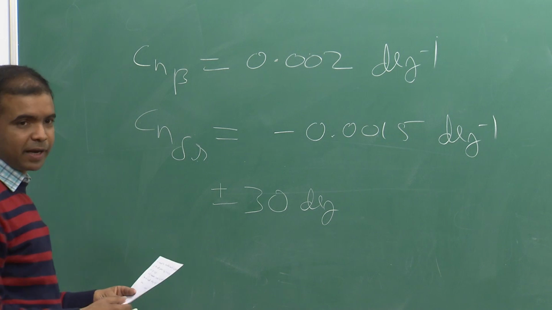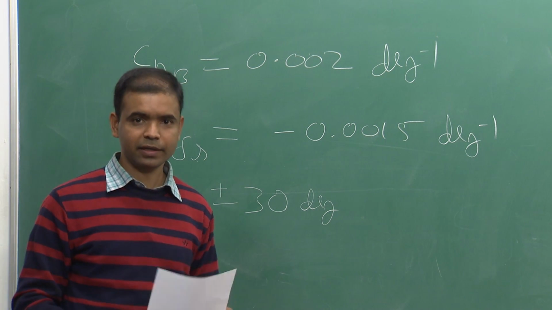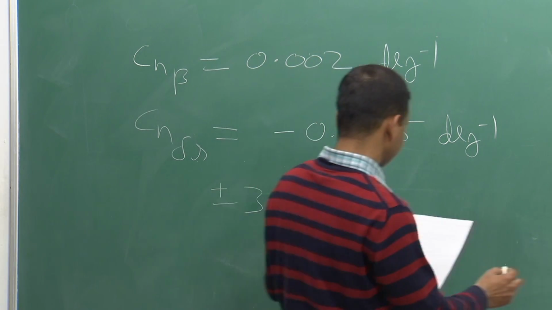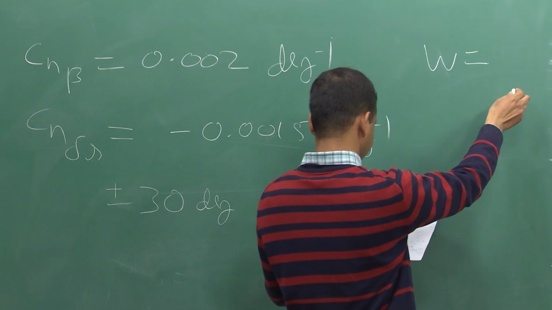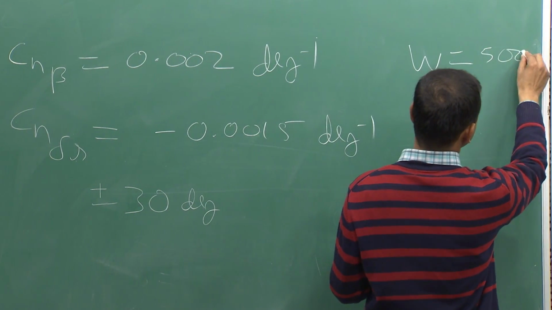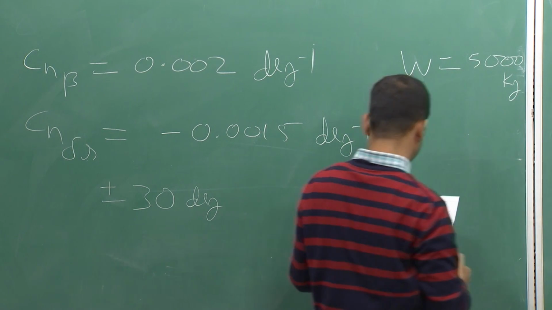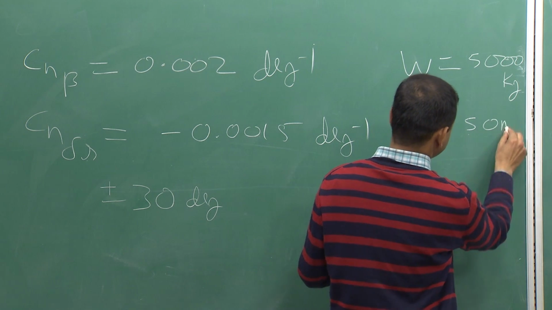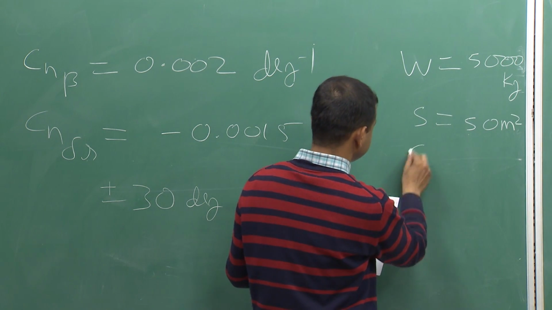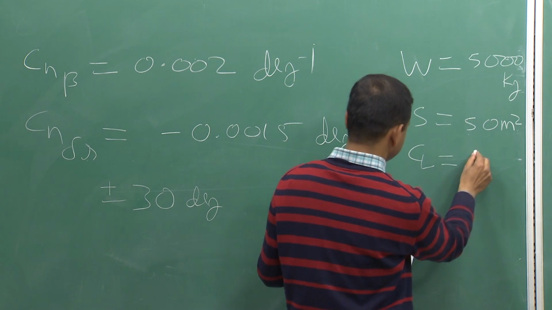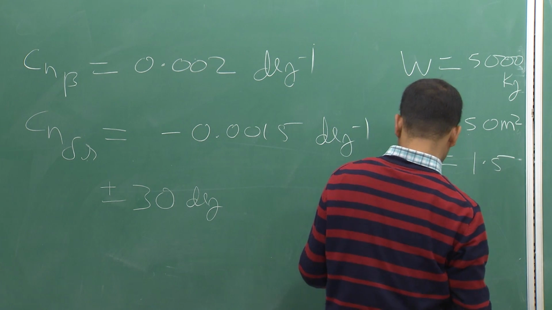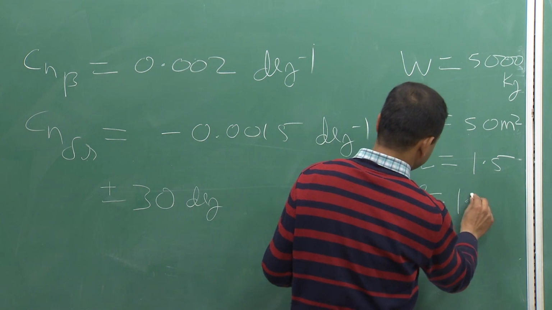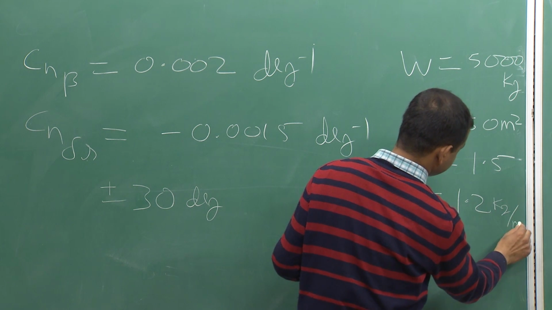We have to find the maximum crosswind velocity that can be handled during landing, and we are given the weight of the aircraft, 5000 kg, the wing area S, 50 meter square, the CL during the landing is 1.5, and at the sea level the density of air is 1.2 kg per meter cube.